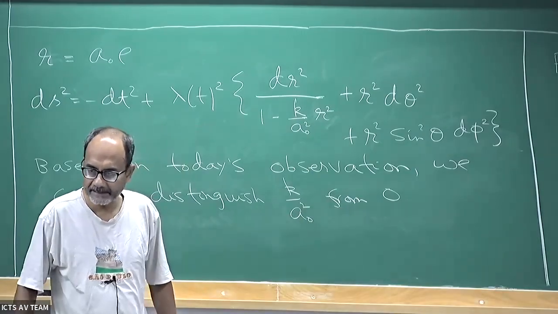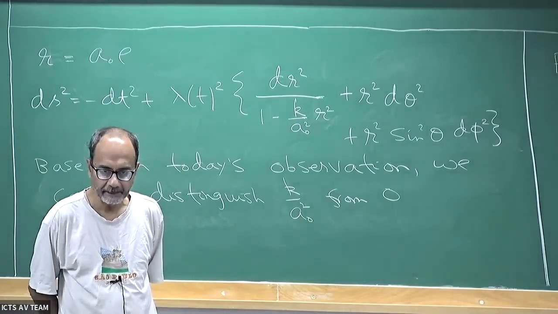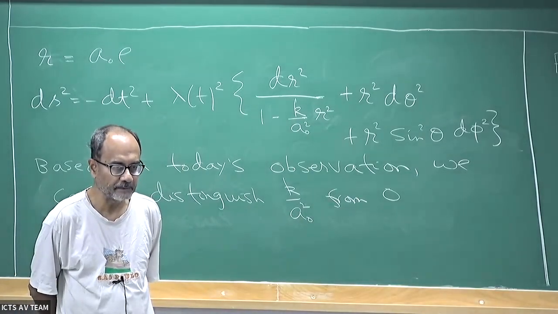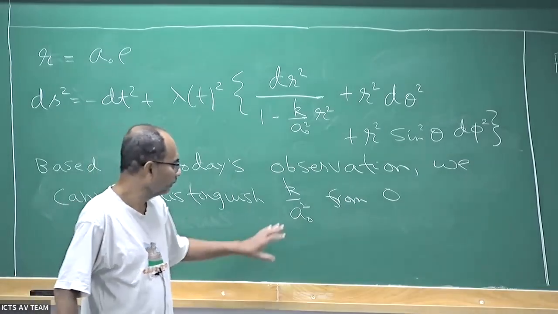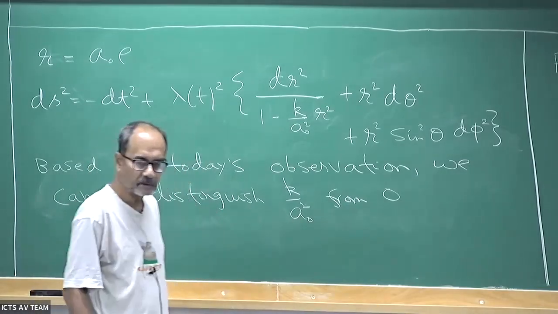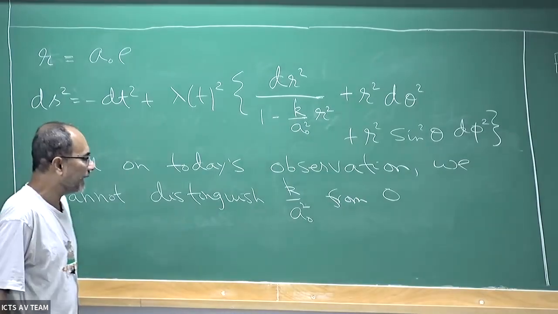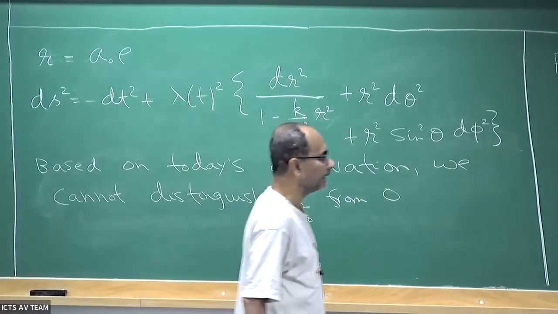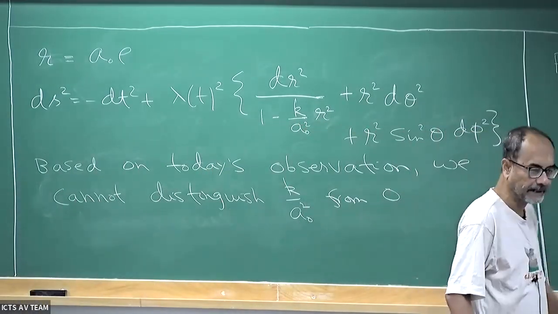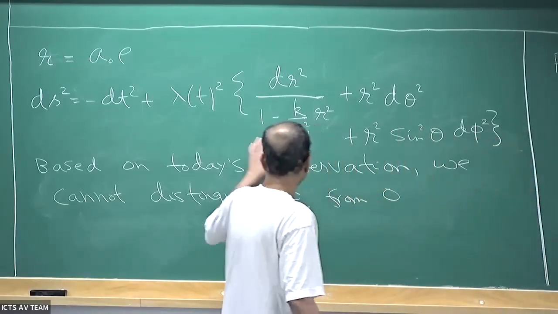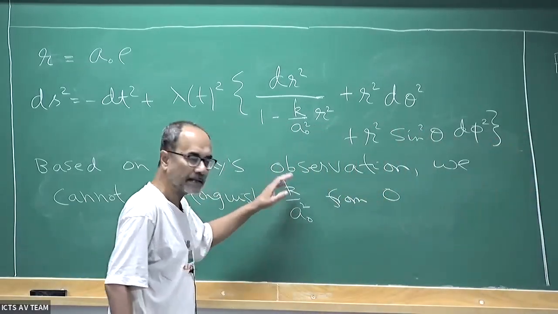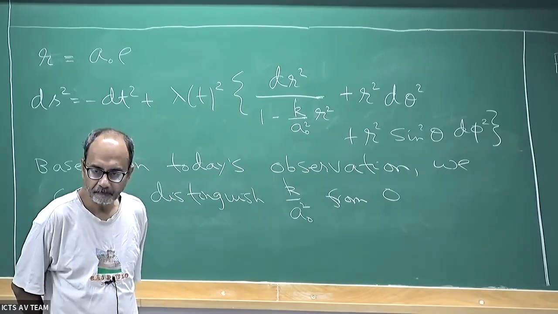You can never measure something with absolute accuracy, right? But whatever accuracy we can measure, we can say that K over A0 square equals 0. And that means that based on today's observation, we cannot really distinguish between K equal to 0, 1 and minus 1, because A0 is so large that it is as good as setting K equal to 0.